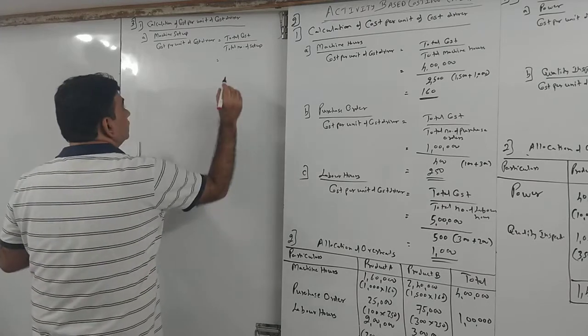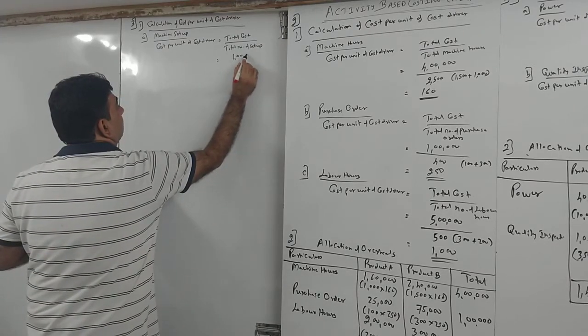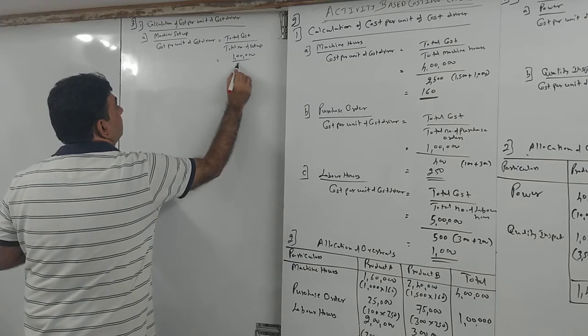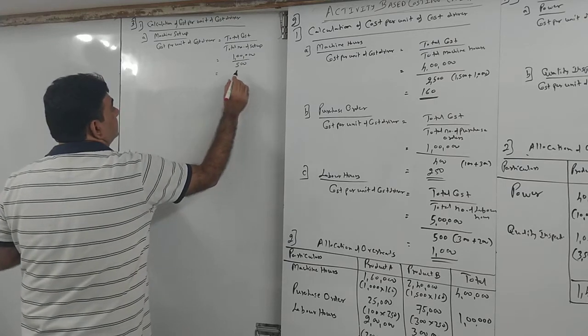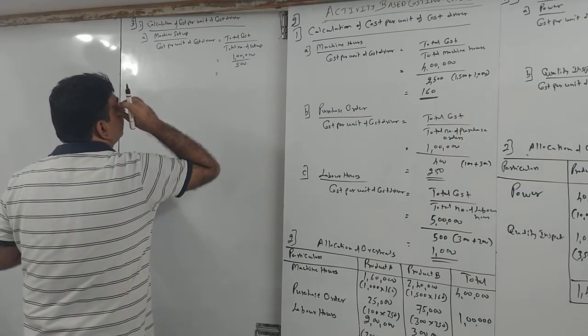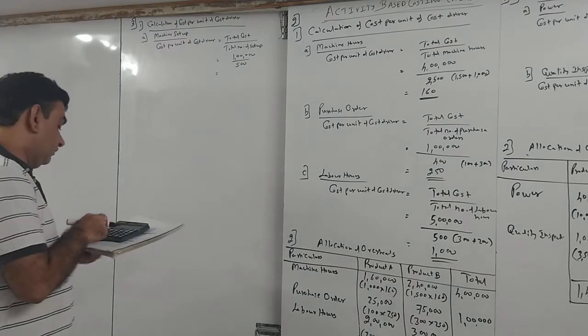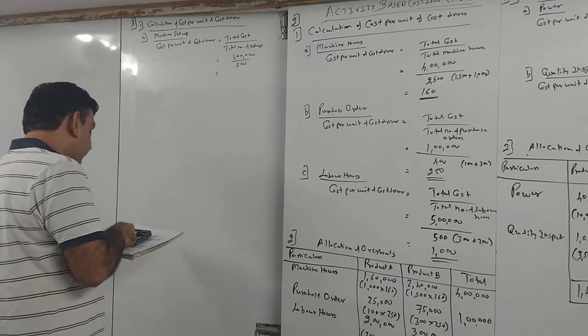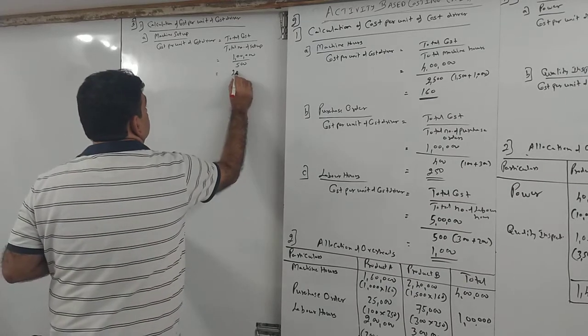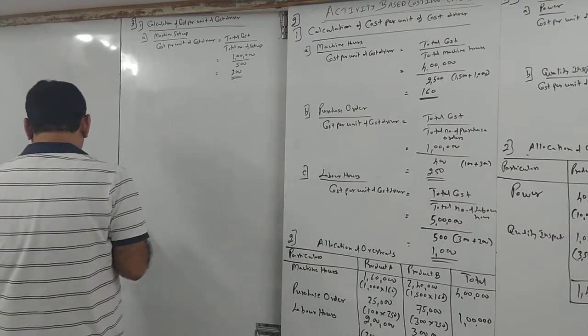What is my total cost? 1 lakh. Number of setup 500. So 1 lakh divided by 500 gives you 40. ठीक है, जहाँ 1 lakh divided by 500, sorry, that gives you 200.